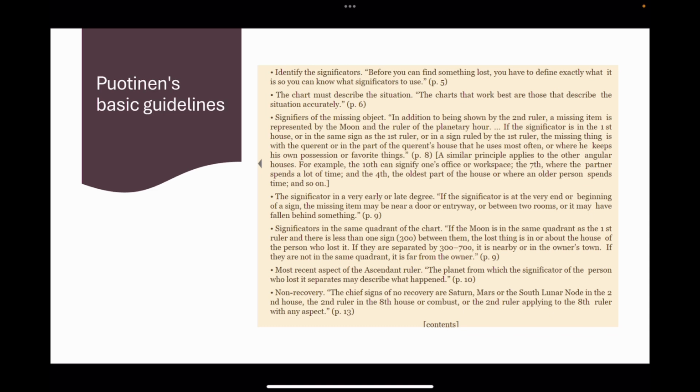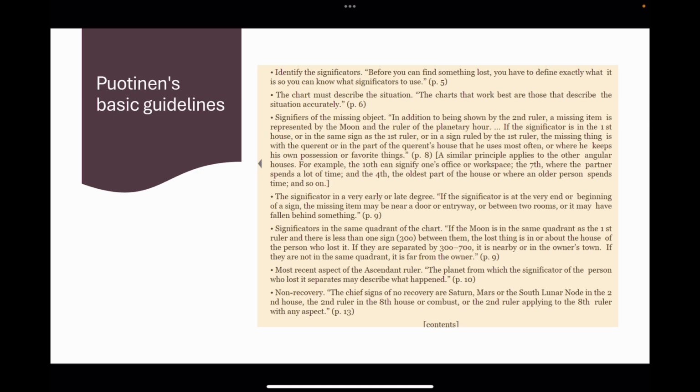So before you can find something lost, you have to define exactly what it is so that you can know what significators to use. What that means is typically when someone comes to you and you don't have any relation to them, they are going to be represented by the first house. And so the sign that is rising is ruled by a planet.